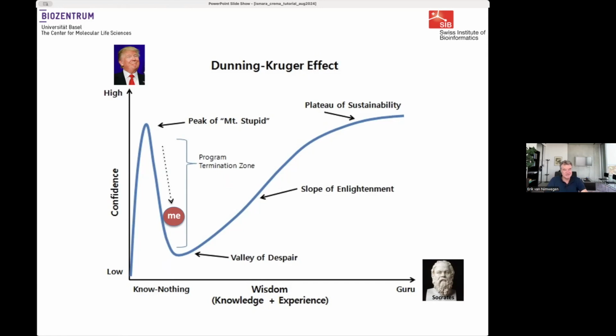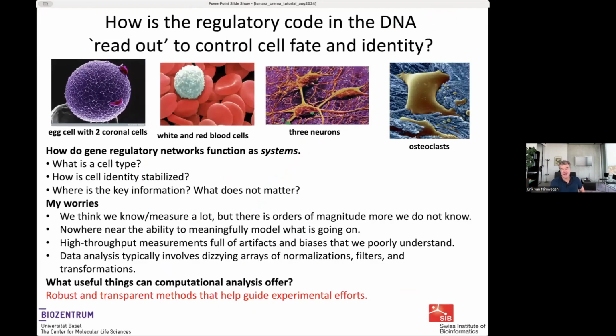And so I would say that I myself am somewhere here, almost in free fall down this slope, where as I've studied this topic more, I've become more and more confident that actually understanding how these genome-wide regulatory networks work is a far harder problem than I sort of anticipated. And actually, than I think many people think.